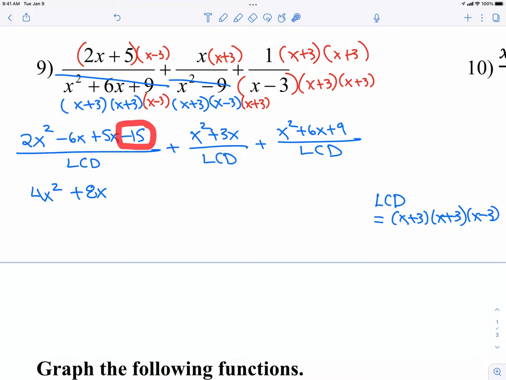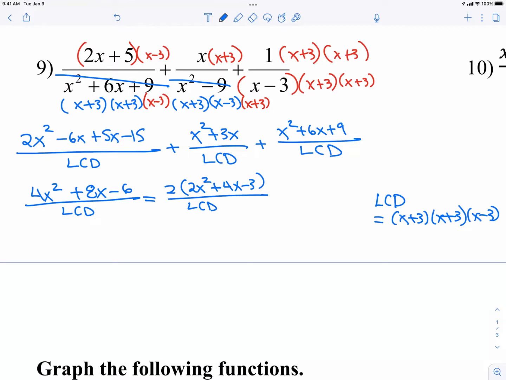That's negative 15 plus 9, which is going to be negative 6. And all of that is over our LCD. Now, in the numerator, we can factor out a 2. So that's going to be 2 parentheses 2x squared plus 4x minus 3 all over our LCD.